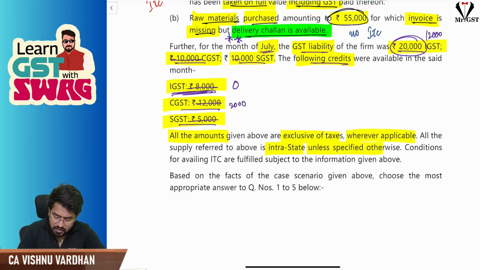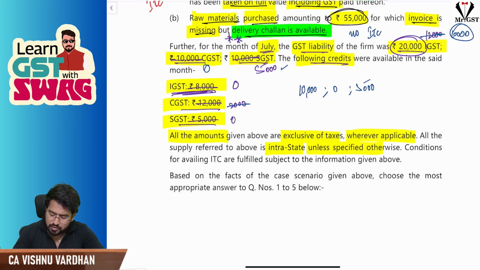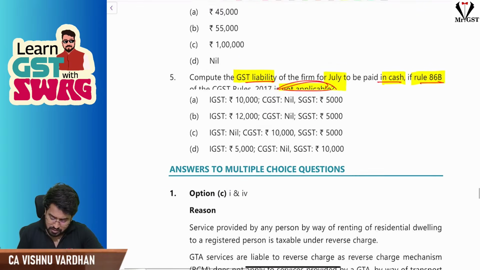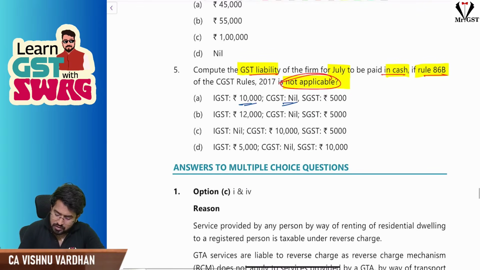SGST credit will be used for SGST. 5,000 liability is there. Credit is 0. Now this CGST credit of 2,000 can be used for paying IGST. So if you use 2,000 there, IGST is still 10,000 payable, CGST is 0, SGST is 5,000. So 10,000, 0 and 5,000 should be the answer.